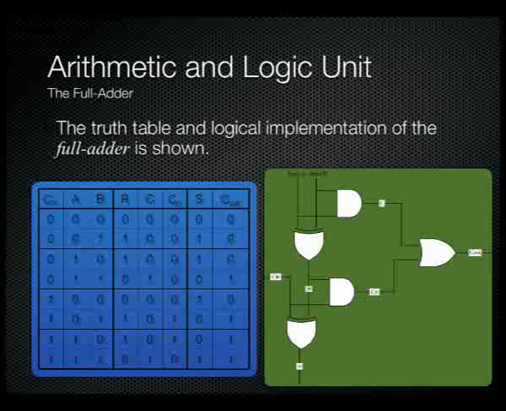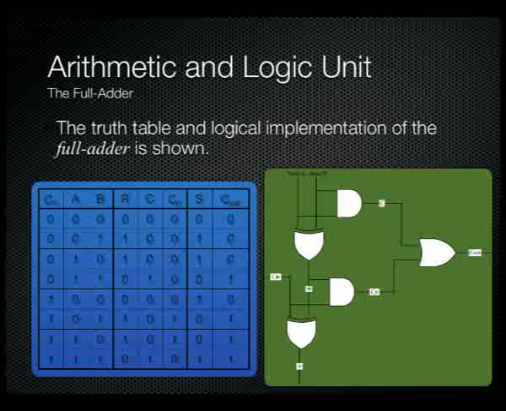So the 2 carry outs from those 2 half adders are ORed together to produce the final carry out. And I've shown that in a truth table as well, but I'm not going to go through all that. You can have a look at that at your own leisure.